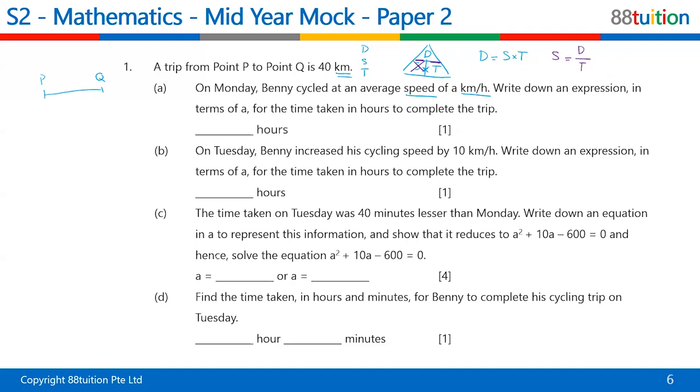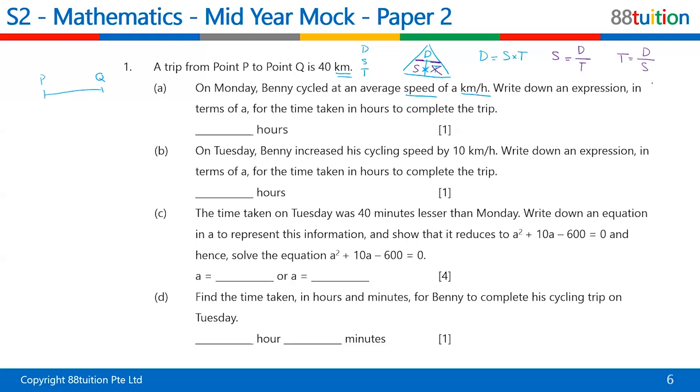Similarly, if I want to find the time, I cover this one, and I will have time equals distance divided by speed. This is how we remember what equals what times what, or the division.